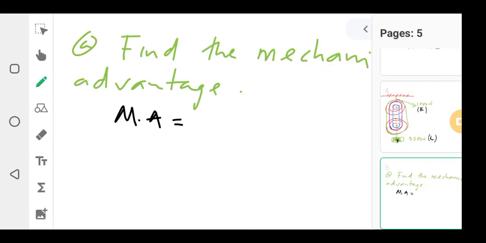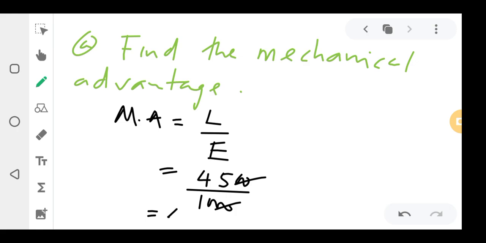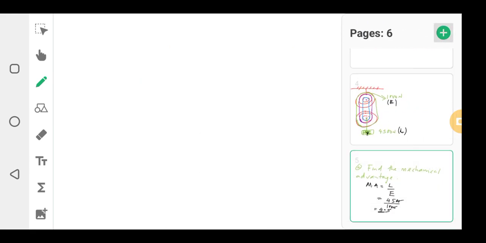So mechanical advantage is load over effort, 4,500 newtons divided by the effort, which is 1,000 newtons. When you divide those, these two zeros cancel out. 4.5 divided by 10 is 4.5. That is the answer. Mechanical advantage has no units, so it's just 4.5. That is question 1.